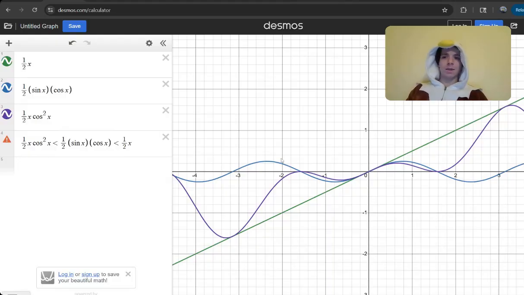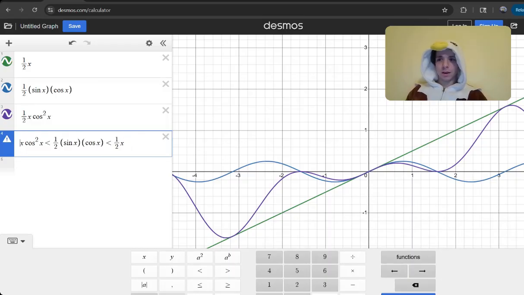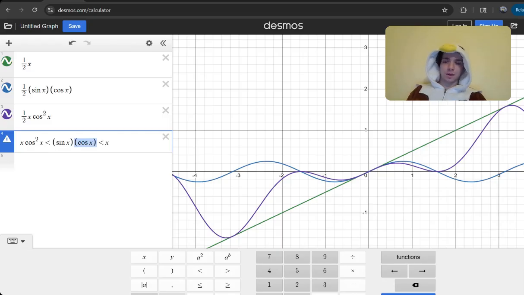Now, if we hop over to the graph, we can look at our inequality here. So you have 1/2 x cosine squared x is less than 1/2 sine of x cosine x, which is less than 1/2 of x. Now, the first thing we can do is just get rid of these 1/2s. So now we have this inequality. And now to get something that looks a little bit better, because we want to get sine of x over x, that's what we want to find the limit of.